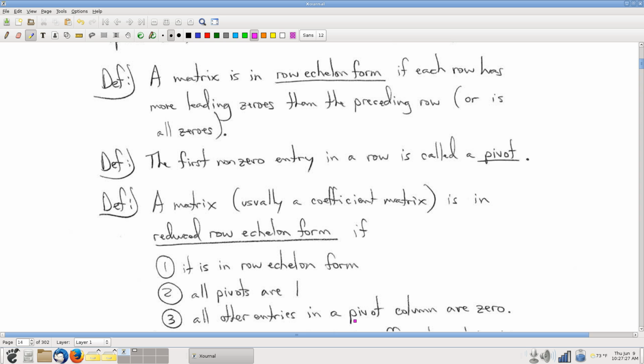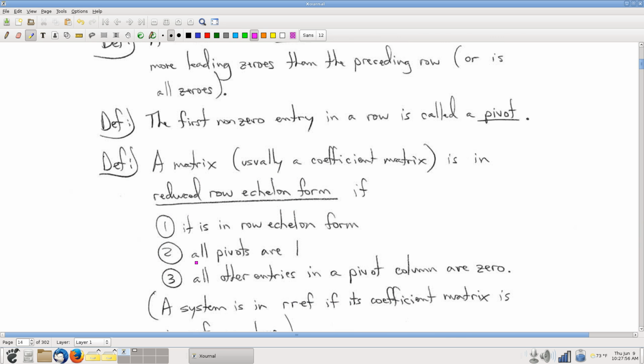And wherever that pivot is in any row, that pivot would then have to be in a column, and all of the other entries in that column have to be 0. Okay, so these are the rules. By the way, a column that has a pivot in it, we call that a pivot column. Okay, so any matrix that satisfies these three rules is said to be in reduced row echelon form.